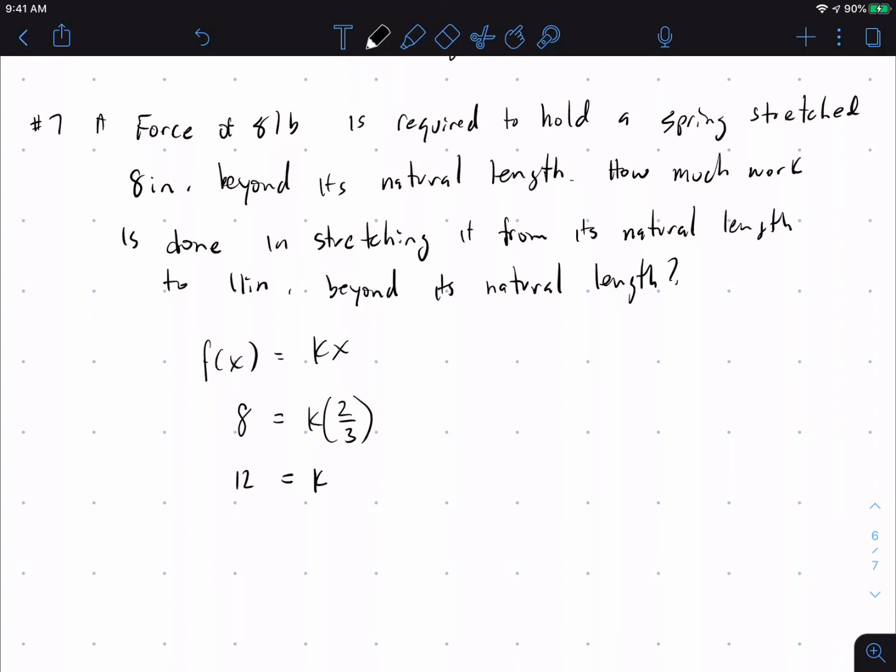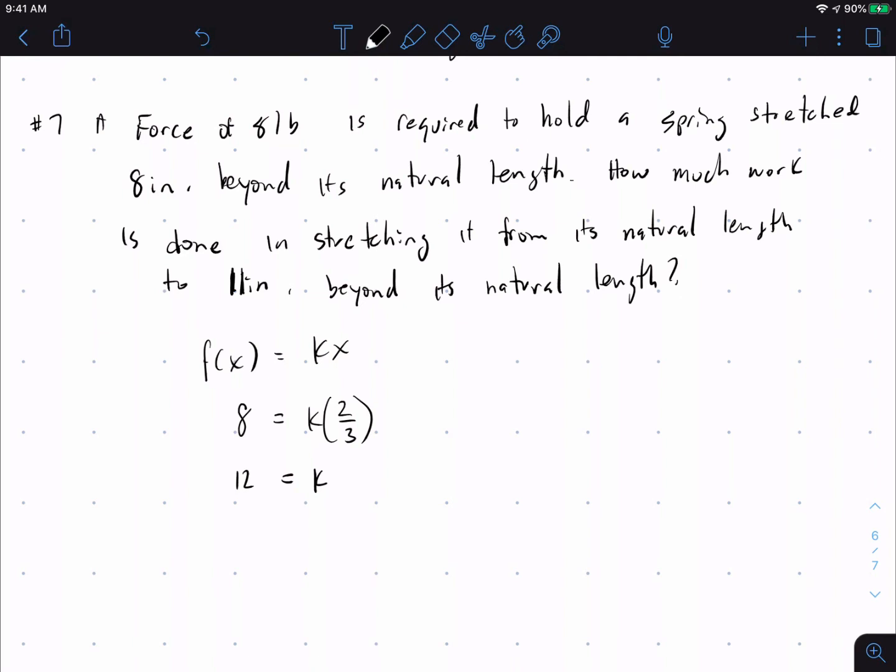Yes. Okay. So then from here, the force that was needed was from natural to 8 inches, right? Now we want to find natural to 11 inches. So what should we do? Right, 11 inches as feet, so it'd be 11/12.